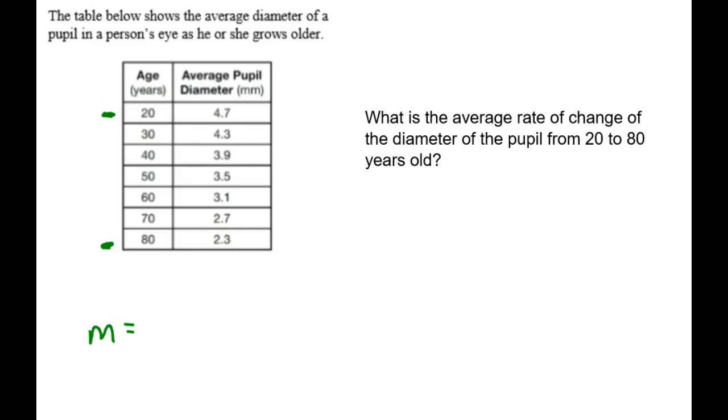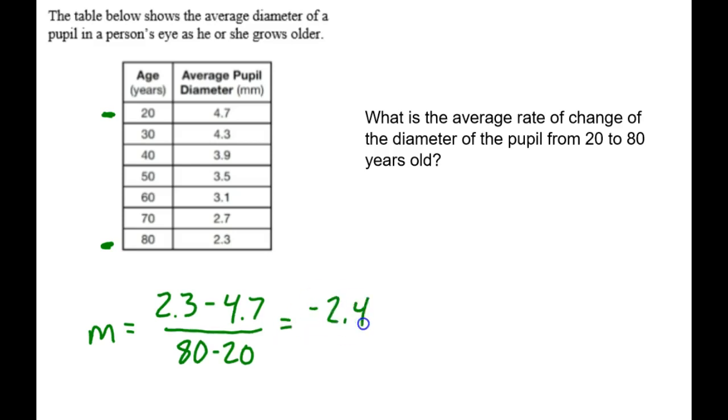To find this average rate of change, we're subtracting our y values. So 2.3 minus 4.7 divided by 80 minus 20. 2.3 minus 4.7 is negative 2.4 divided by 60, which simplifies to negative 0.04, and the label on that would be millimeters per year.